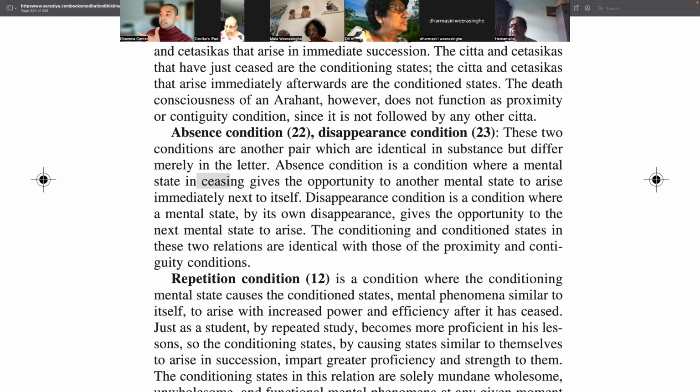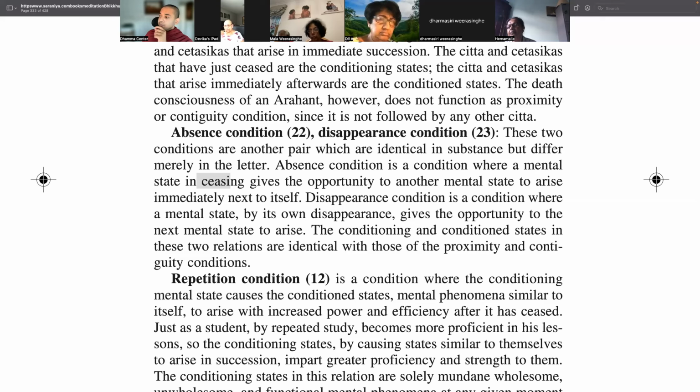As Damsiri just mentioned, the collapse of the titi moment before the end of the banga moment, Damsiri classified as number 23, disappearance pachya, and absence pachya to denote the process of the collapsing of the banga moment.